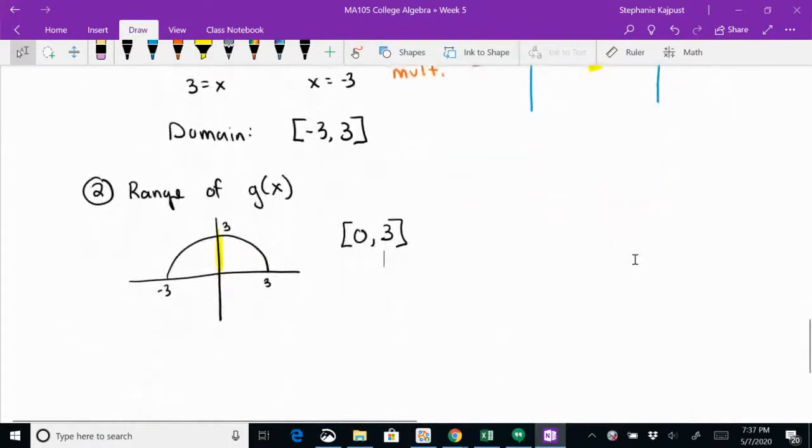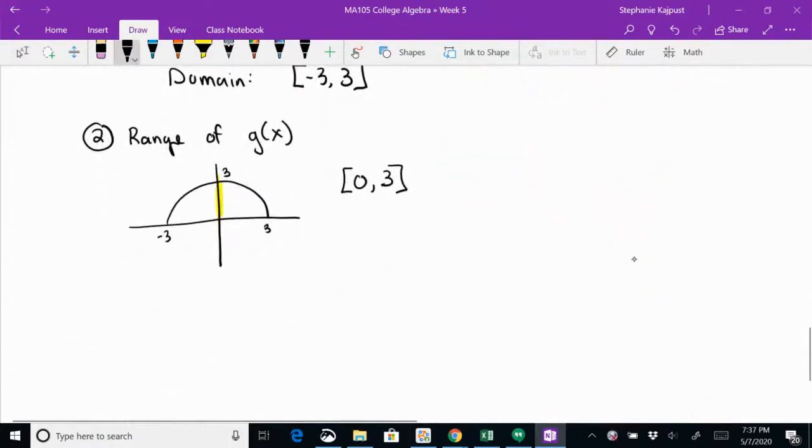We found our domain. Now we found our range. And now first we need to find the domain of f of x, because we need to figure out what we are allowed to plug in there. And then we need to see if our range works for that.